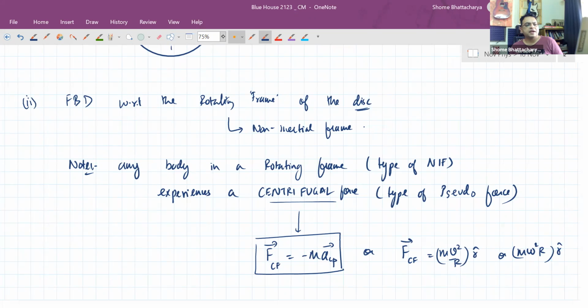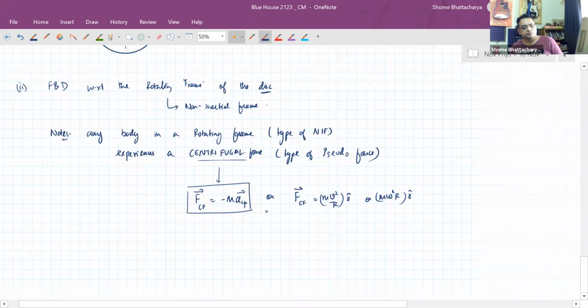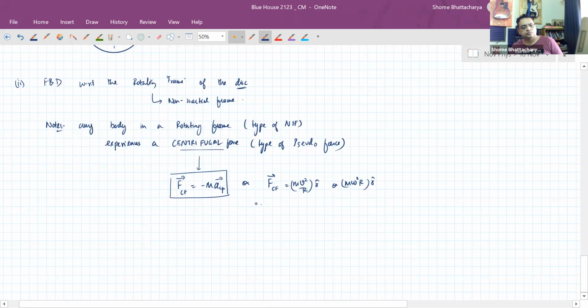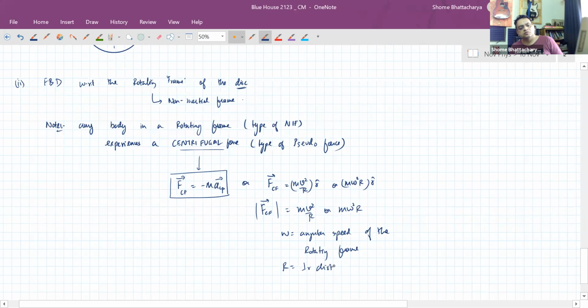So centrifugal force has a magnitude m omega square r, where r is the perpendicular distance of the body from the axis of rotation.